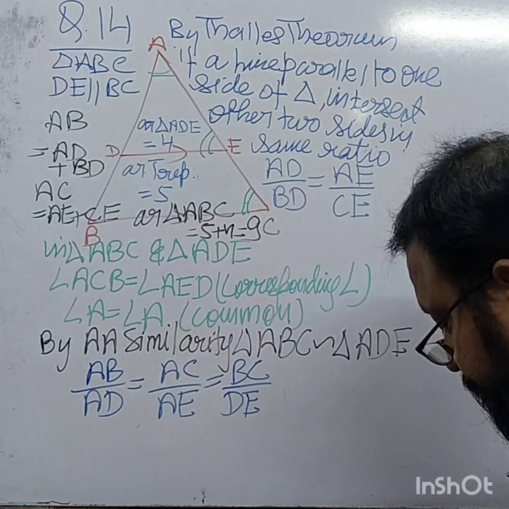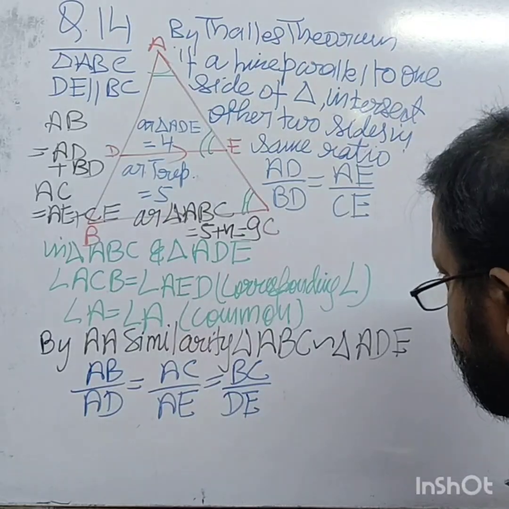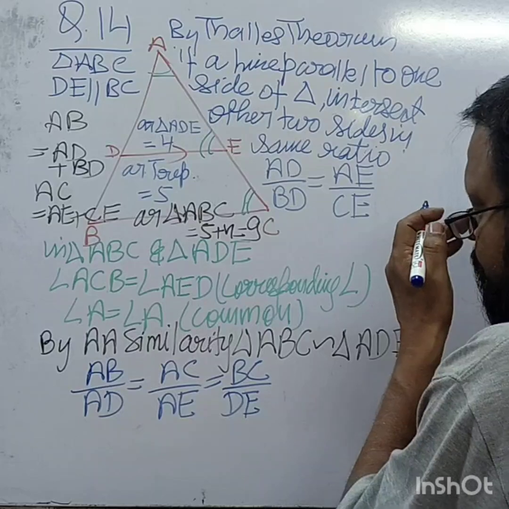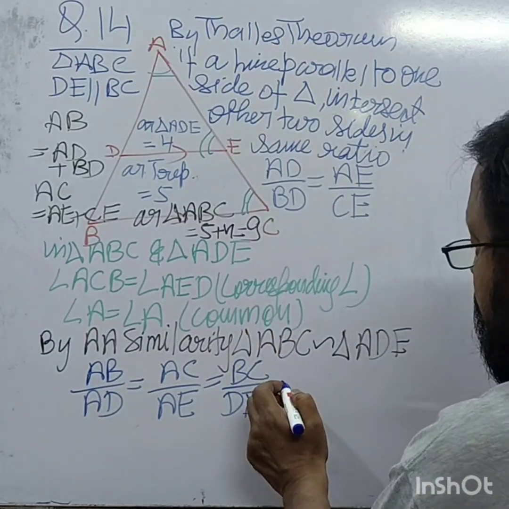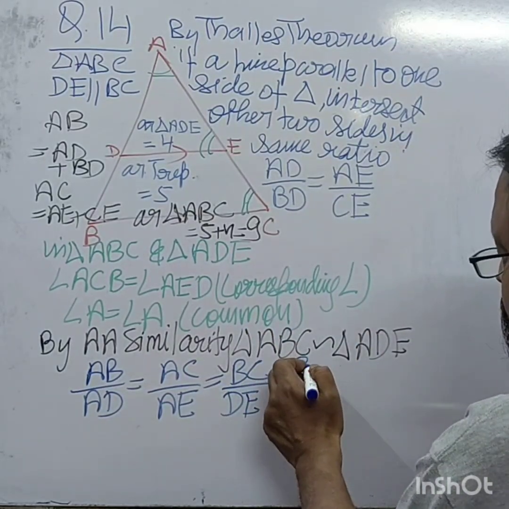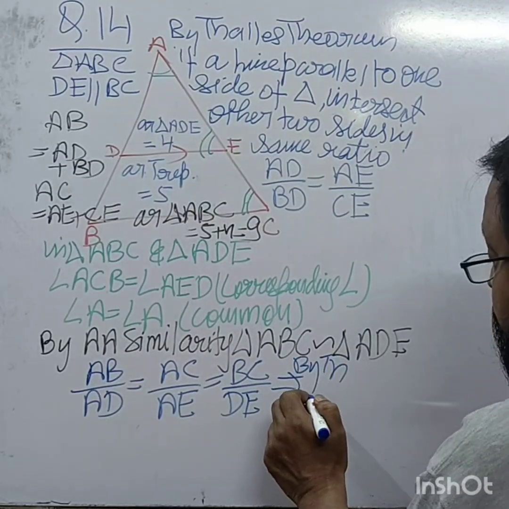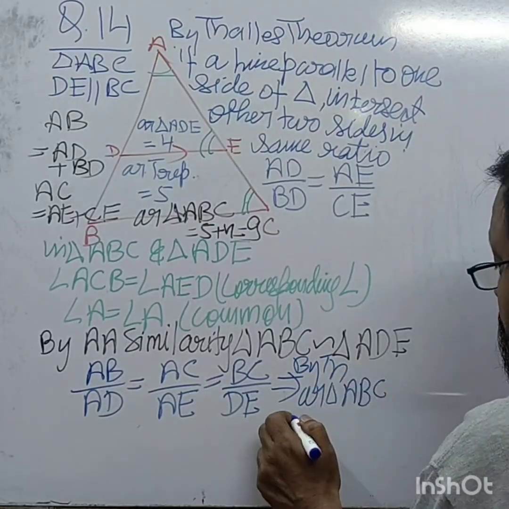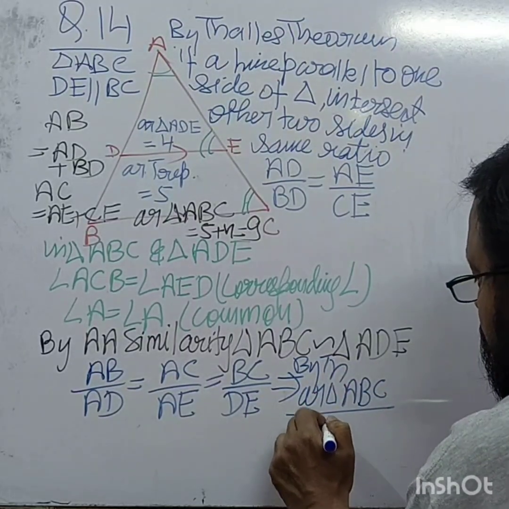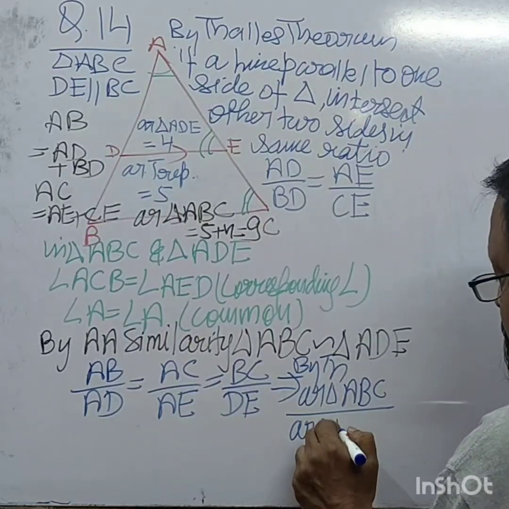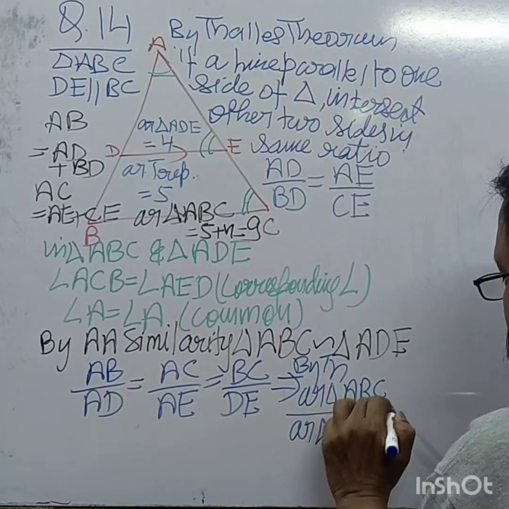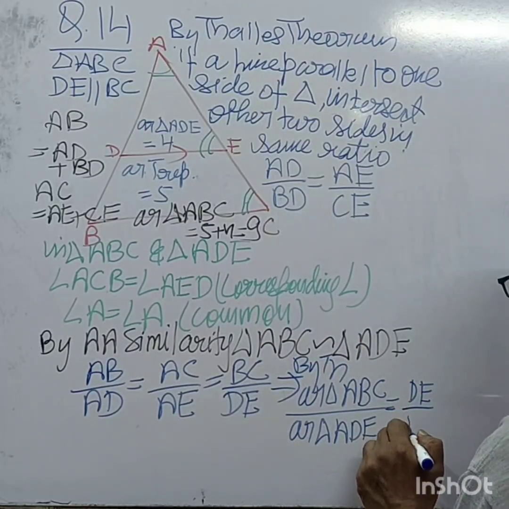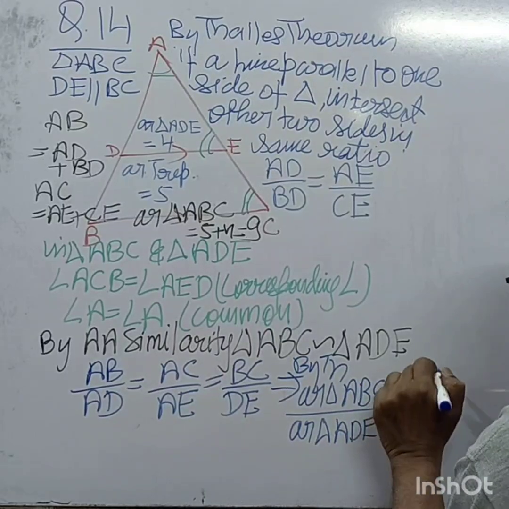So what happens? By theorem, area of triangle ABC upon area of triangle ADE is equal to DE upon BC whole square.